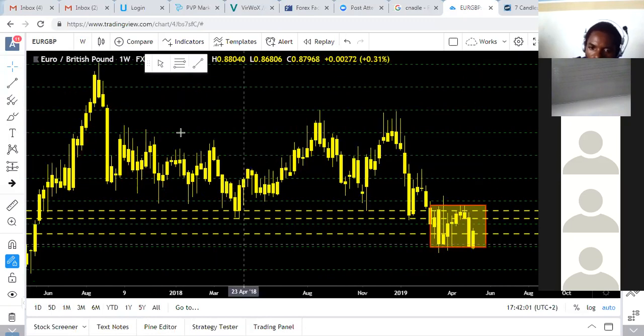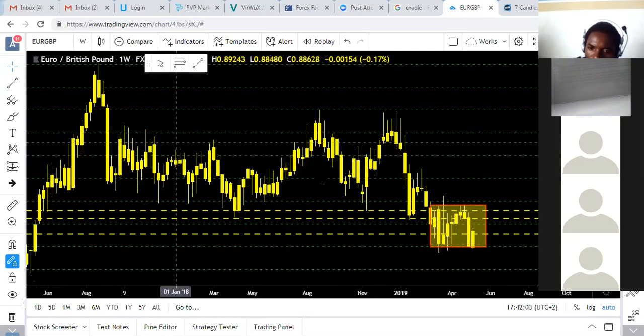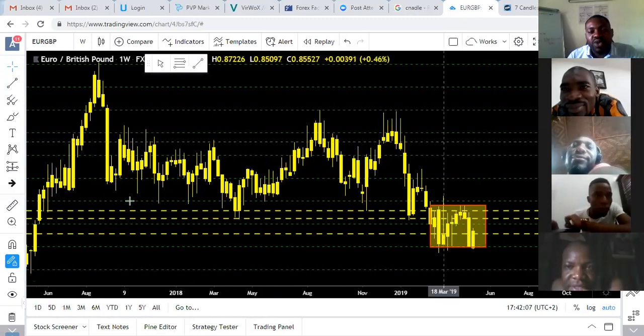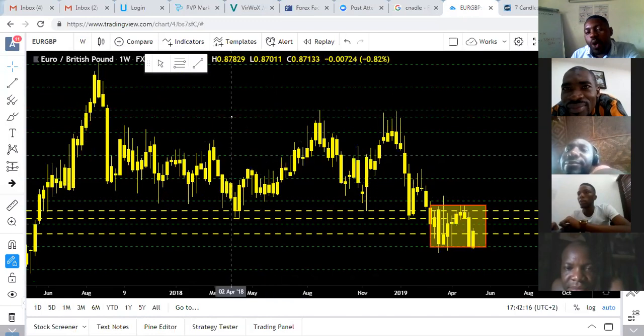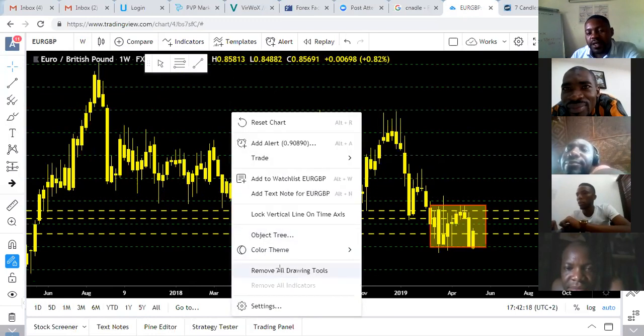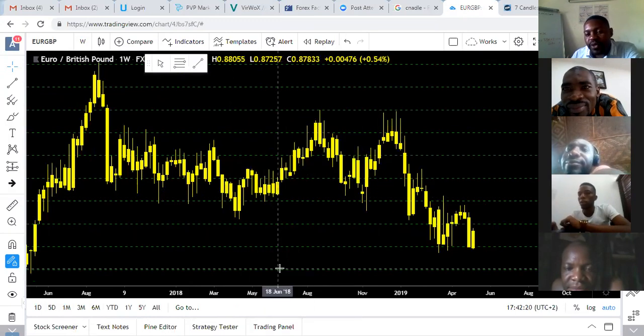You have to be able to tell me which candle is a bearish candle and which candle is a bullish candle on this chart. You see, it becomes a whole different story now. You need to understand candlesticks to the limit to be able to say which one is bullish and which one is bearish.